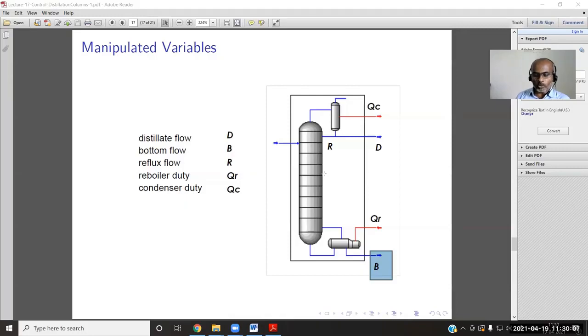Fine. So how do you maintain isothermal operation? Suppose you want to maintain isothermal operation, what should you do? Isobaric is easy to understand because the column pressure is uniform, the temperature at the top is lower and at the bottom is higher.